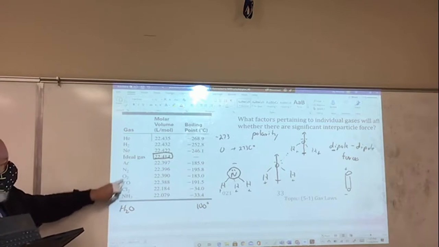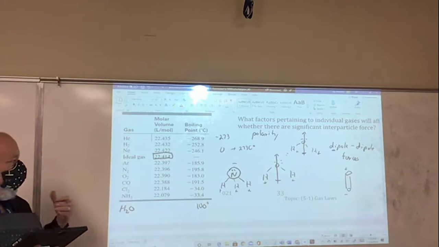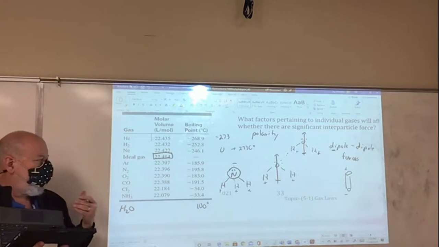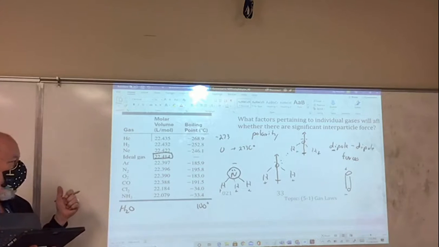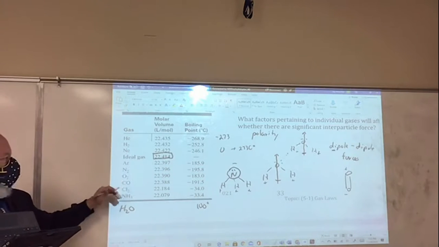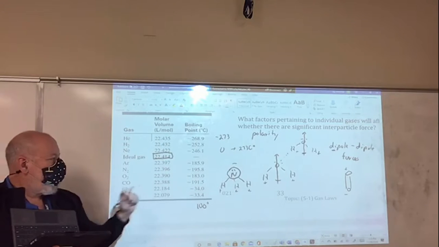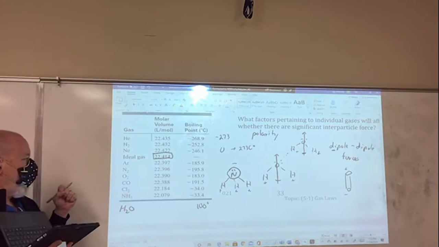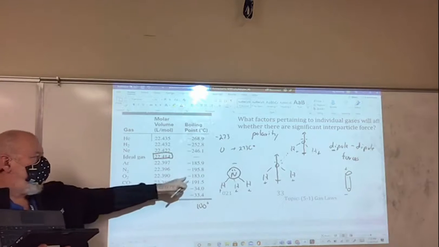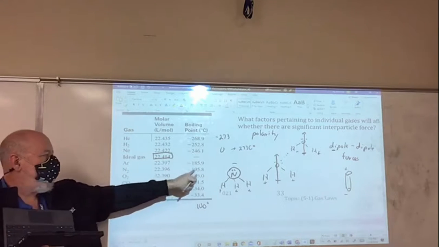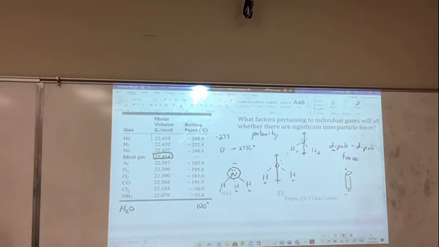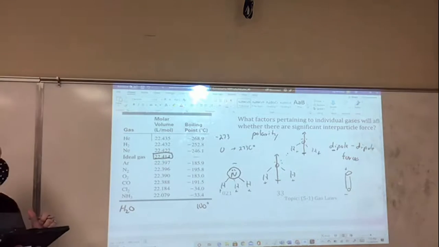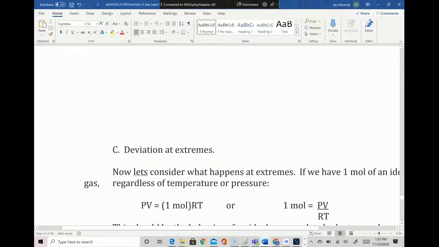Their boiling point is so low that it suggests they don't ever want to turn into a liquid. We have to get them slowed down really a lot in order to cause that to happen. So here's oxygen, here's liquid nitrogen. I have to get close to negative 200 degrees to turn those into liquids. Okay, so hopefully that makes sense.